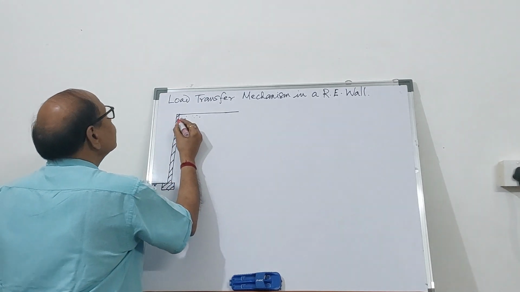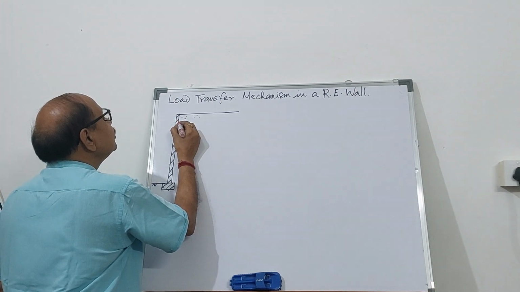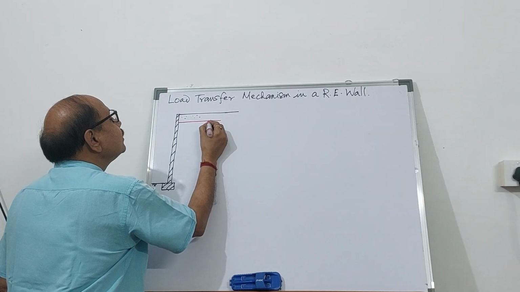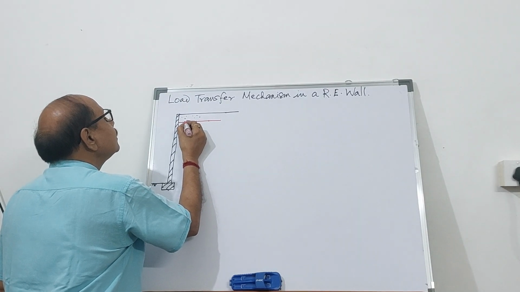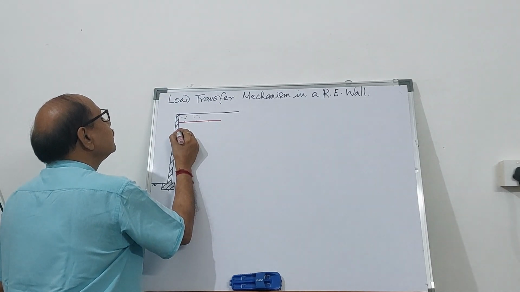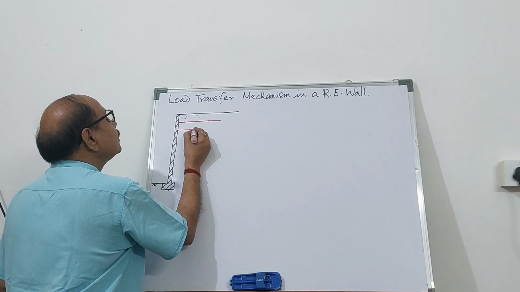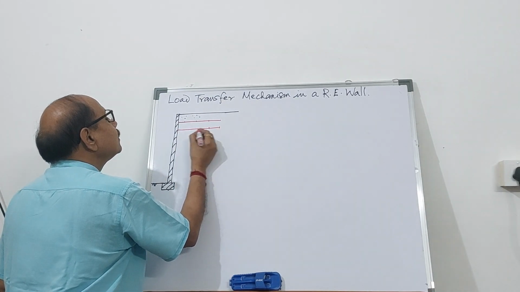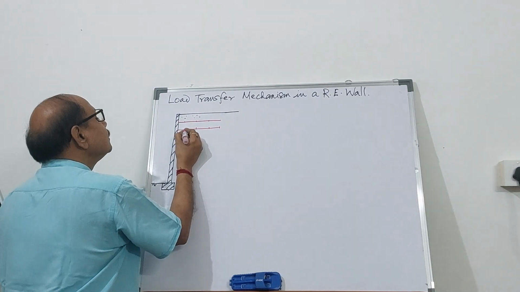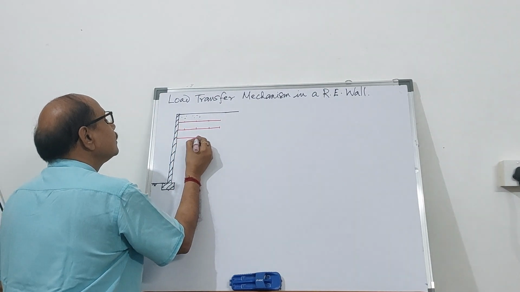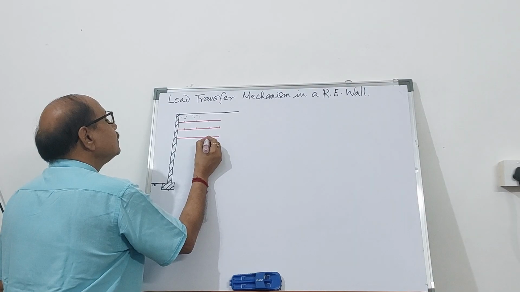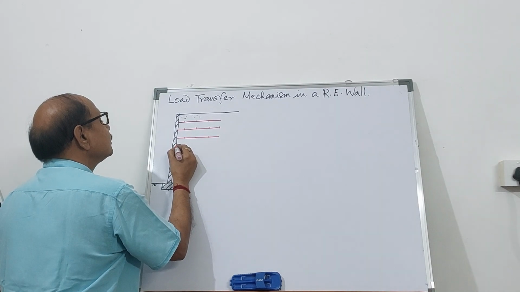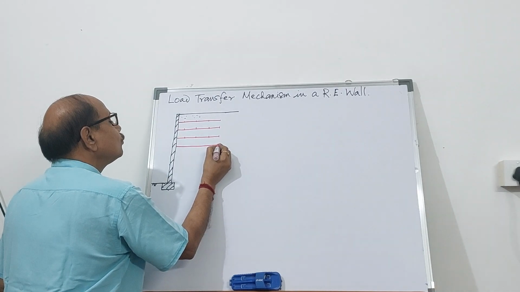Reinforcing element is geosynthetics, maybe geogrid. So let's say this is the geogrid. This is then another layer. This is the geogrid. This is the geogrid. Third layer. Fourth layer.